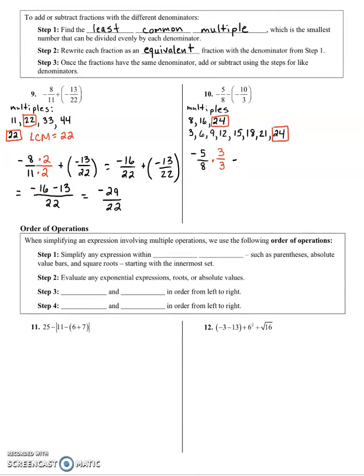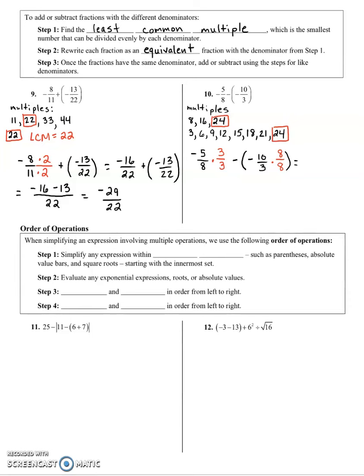Then we're subtracting a negative 10 over 3, but that needs to be a 24 in the denominator, so we have to multiply the 3 times an 8, which means we have to do the same in the numerator.